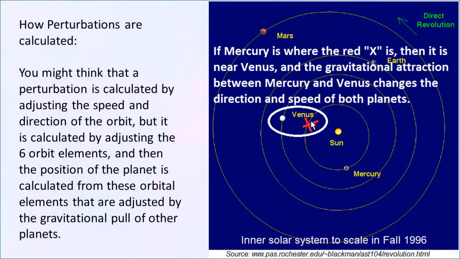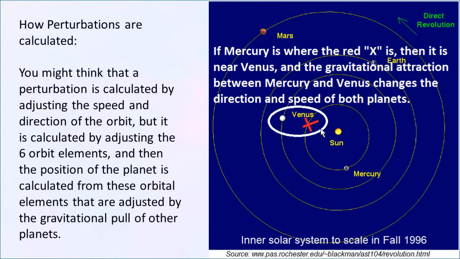How do astronomers calculate, when Mercury is here with its x's, you might think that they would calculate the gravitational pull of Mercury to Venus, and then they would pull Venus in a little bit and pull Mercury out a little bit. Well, that is correct. That's essentially what the calculations do.